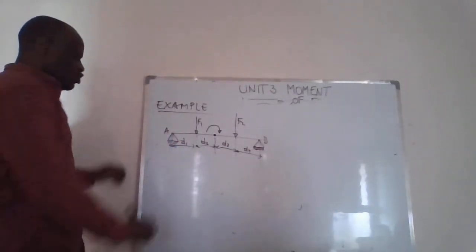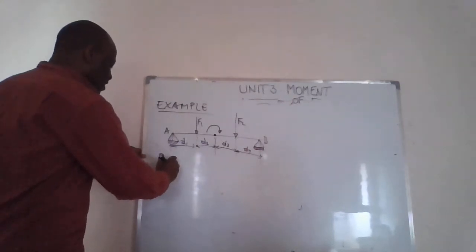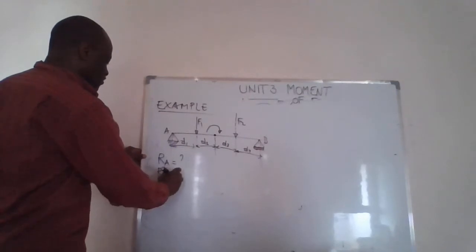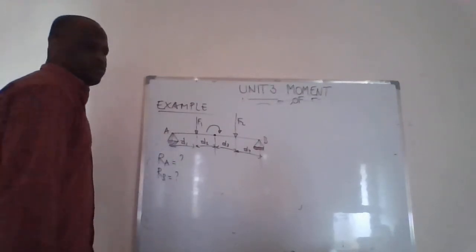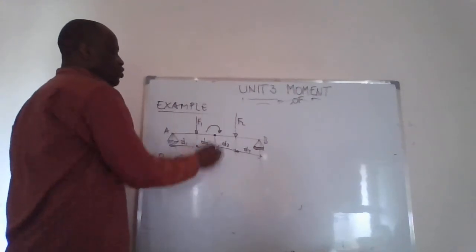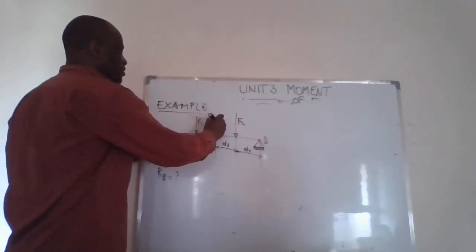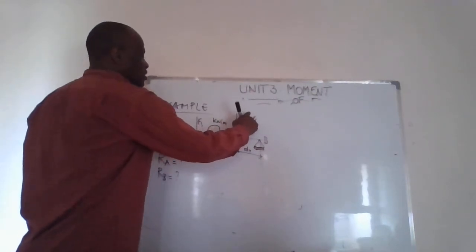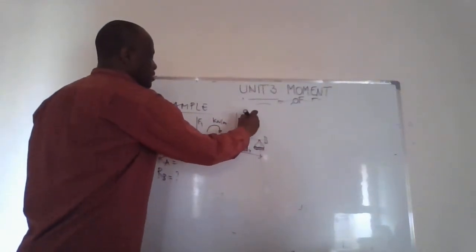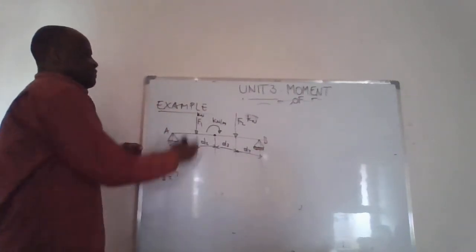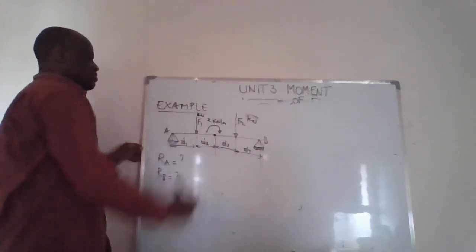And we are requested to get RA and RB for the beam to be in equilibrium. The moment is known, and this moment is in kilonewton meters. The loads are also in kilonewtons. This would be an X value.